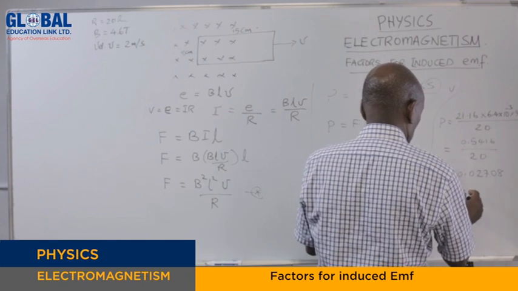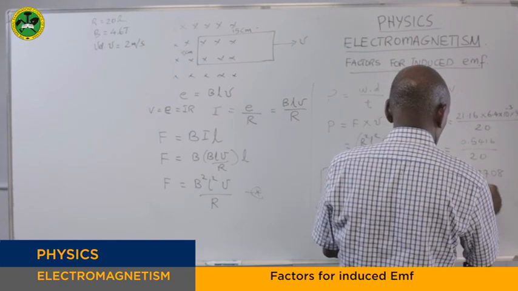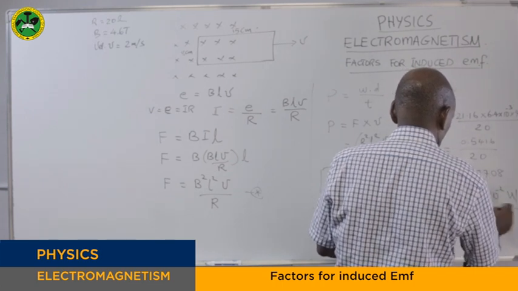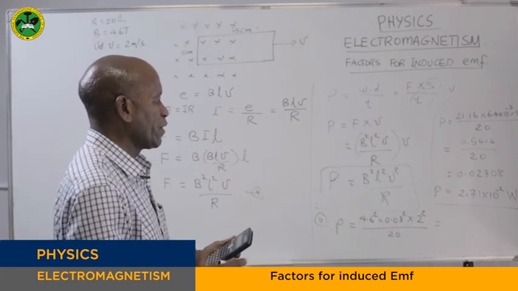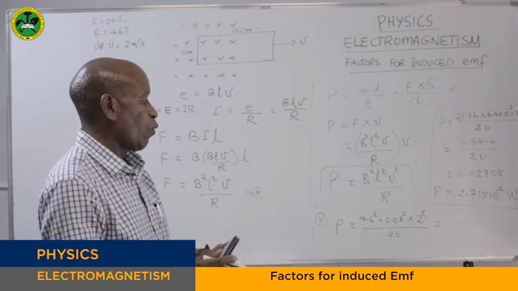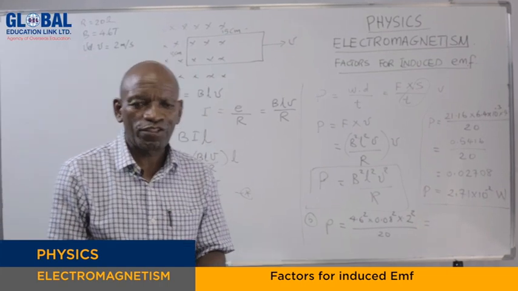So it means that it is 2.71 times 10 power negative 2. This is the power, measured in watts. So the power will be equal to 2.71 times 10 power negative 2 watts. That is the answer for question 3.